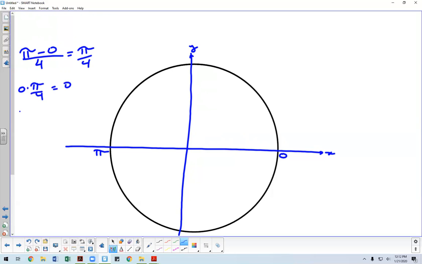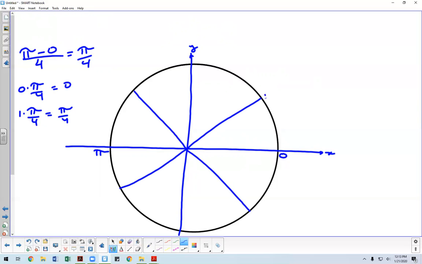It's just the same thing as before. So 0 pi is 0, and then 1 pi over 4, that will actually be this angle here, so pi over 4. And then 2 pi over 4 or pi over 2.